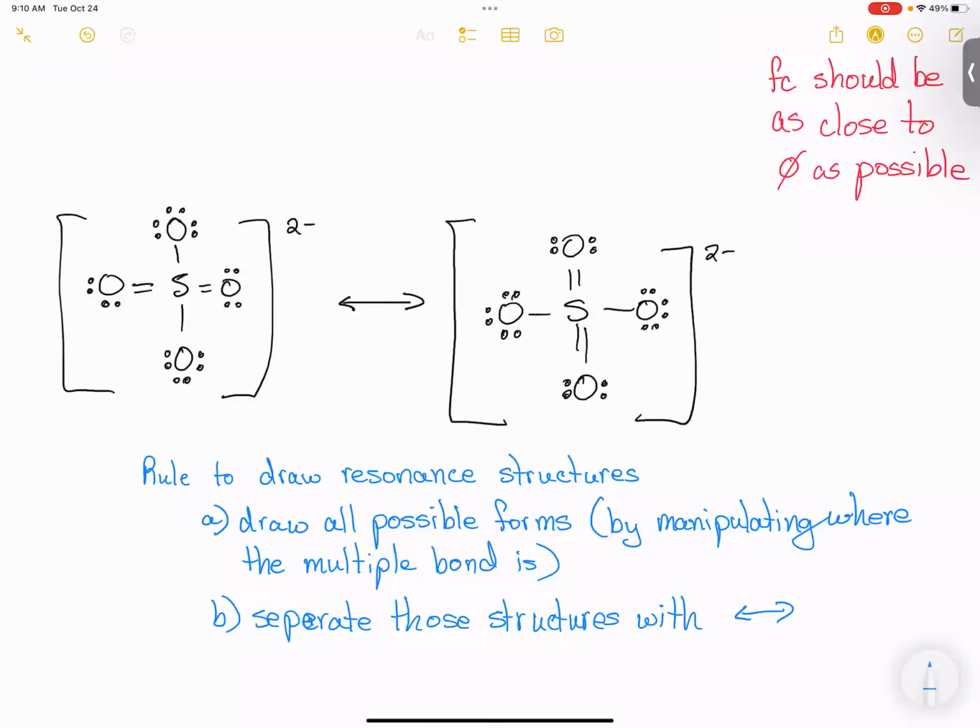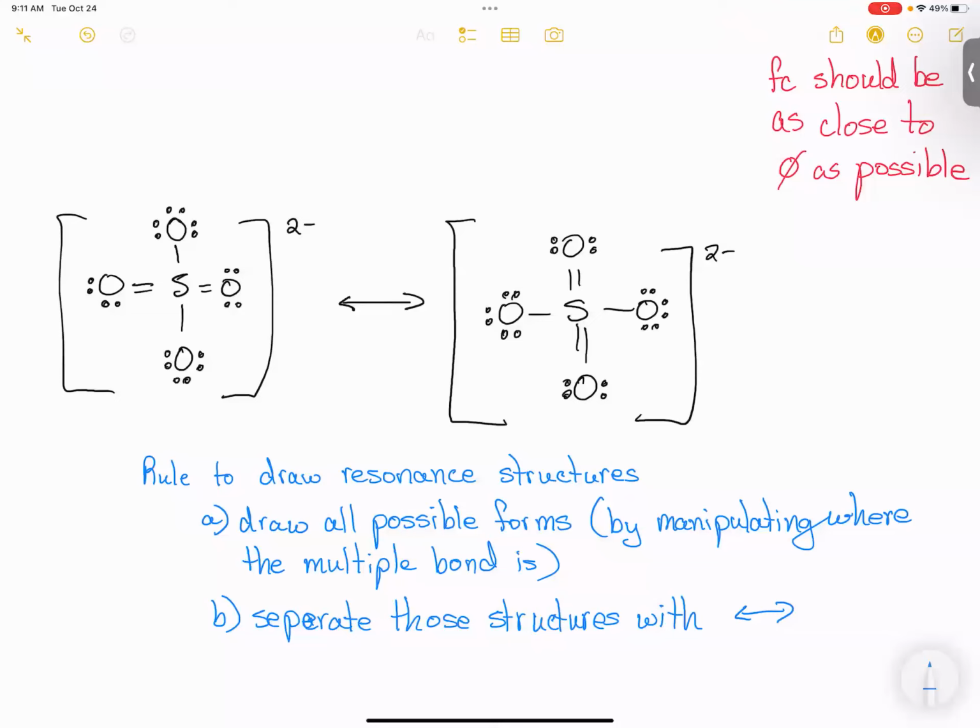And we're going to talk about VSEPR theory. So you will need this packet all day Thursday as well. So don't leave this packet behind because it will come in handy all day Thursday. We'll be talking about atomic structure and the electronic geometry.